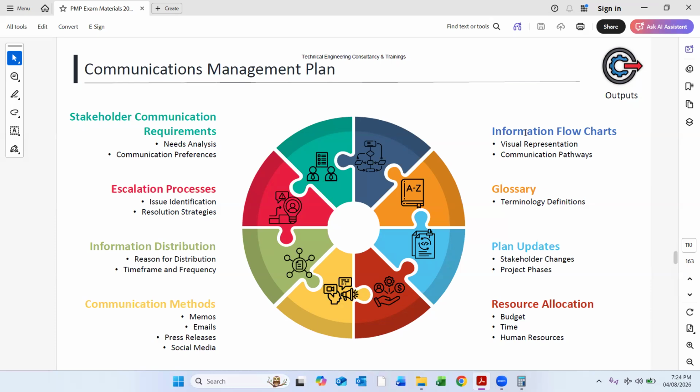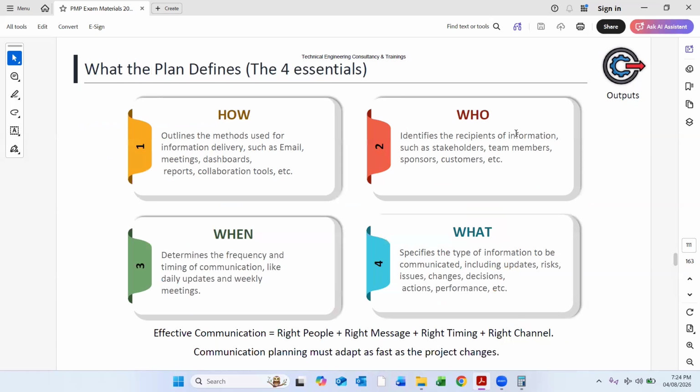What the plan defines: how, who, when, and what. How outlines the method used for information delivery, such as email, meetings, dashboards, reports, collaboration tools. And who should receive this information. And when, at which particular time this information should be shared, and what type of information should be shared.